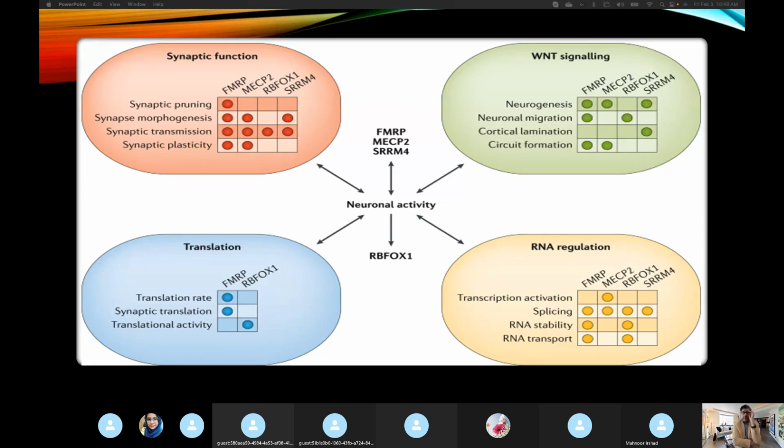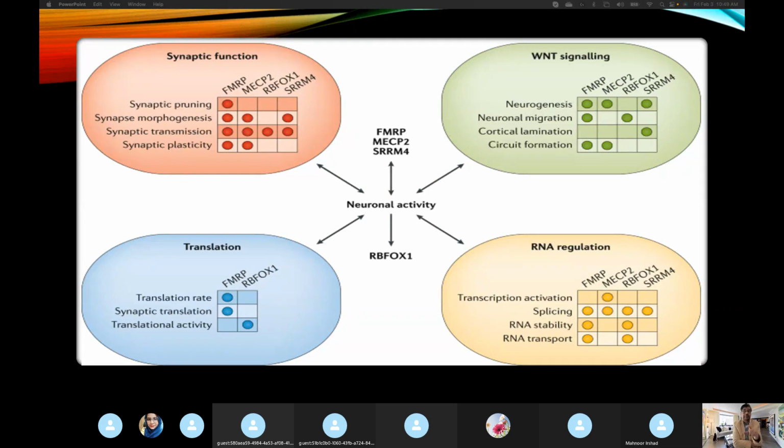Then there is further refinement into it, that neuronal activity is compromised, and these terms probably may come up in one of the MCQs. Synaptic pruning, synapses morphogenesis, synaptic transmission, synaptic plasticity.